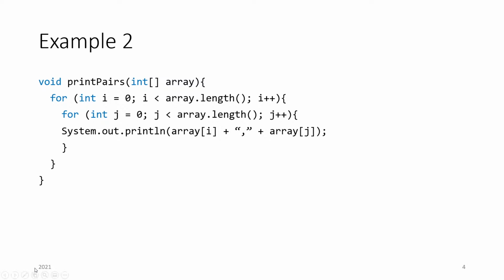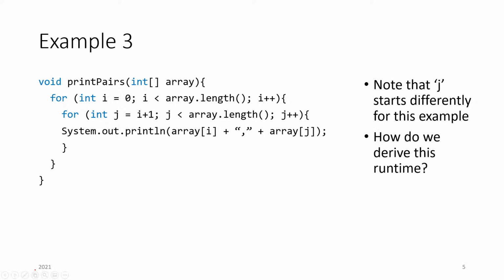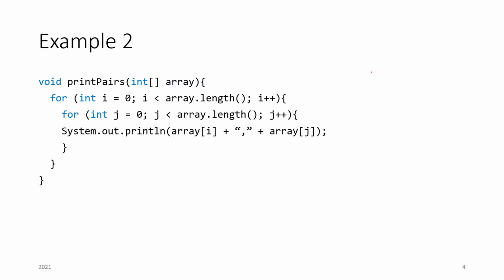So let's explain why this was O of n squared. Let's go back here. We got O of n squared as our result, and the reason is because these loops are nested instead of following one another. Same thing as before, if we treat the array length as our n variable, this particular loop will run n times, and this loop will run n times as well.